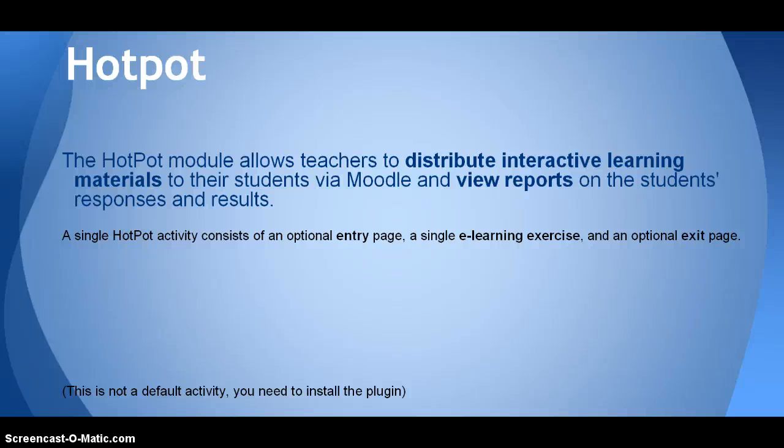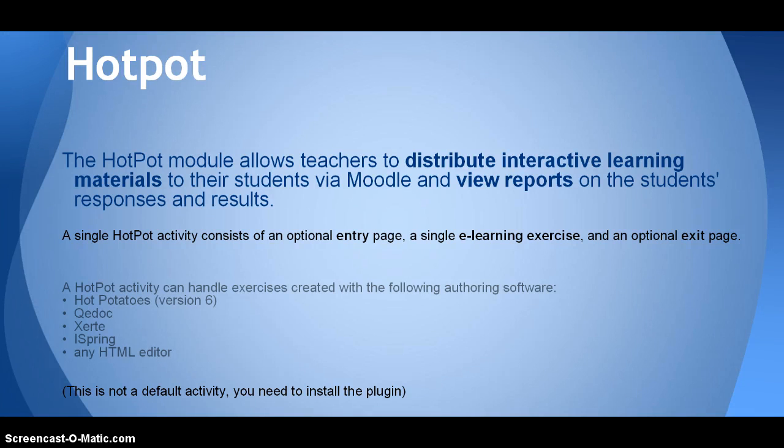I think the entry page and the exit page are very, very useful because you can prepare students for the activity and you can give suggestions at the end. Hotpot activity can be created with the following software.